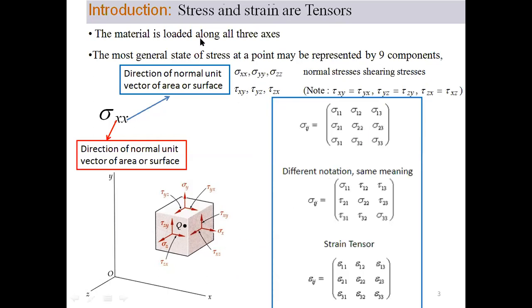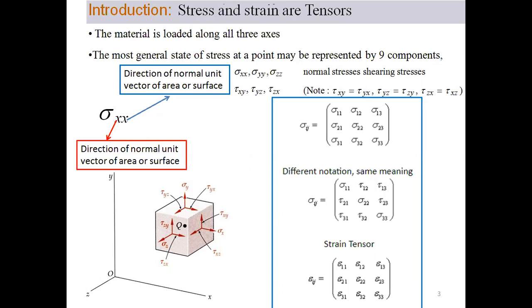So stress and strain are tensors. They are neither scalar nor vector. We had a discussion on that during the initial lectures of the course. They are not vectors and they are not scalars, because a vector has 3 components, but these quantities, stress and strain, in the general case have 9 components.